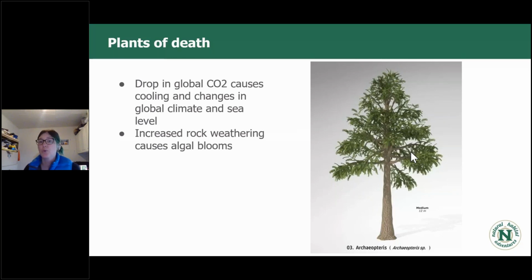Through this colonization of plants around the world, we actually saw a drop in global carbon dioxide levels to the point where global cooling happened, possibly giving us some ice formation towards the poles, and therefore changes in sea level.